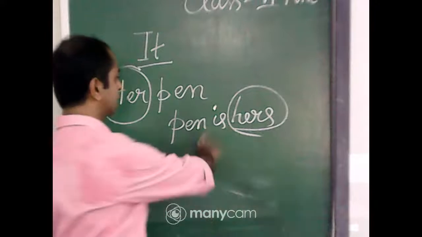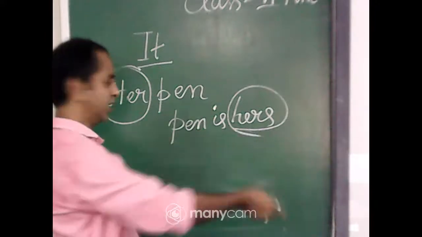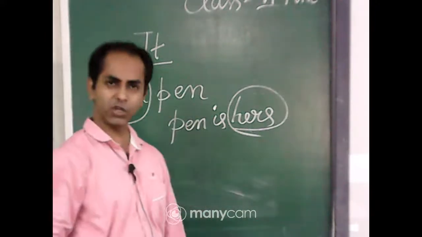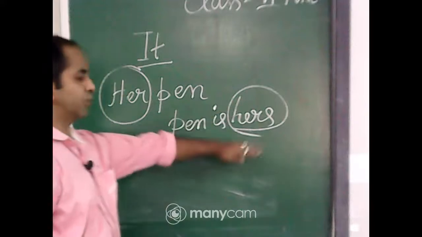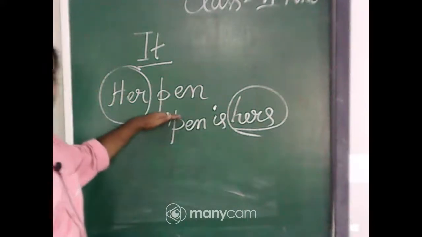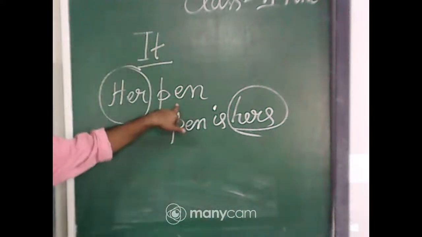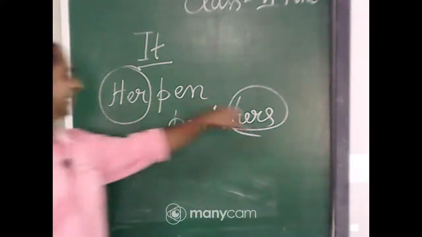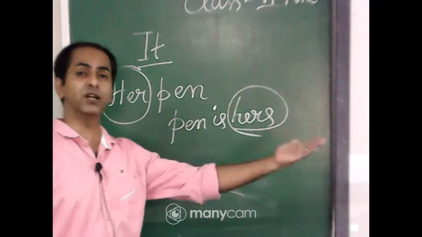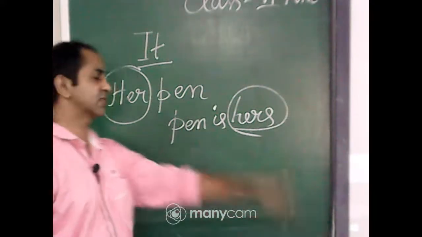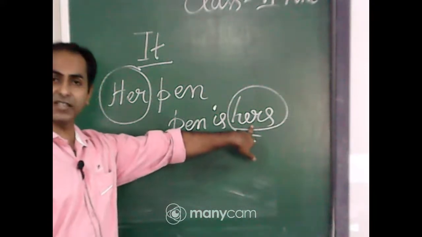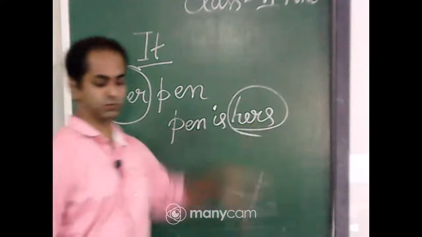It is also showing ownership, but this is a pronoun and this is an adjective. Because it is used before a noun, that's why it is an adjective. And hers is used after the verb, towards the end of the sentence, so it is a possessive pronoun.